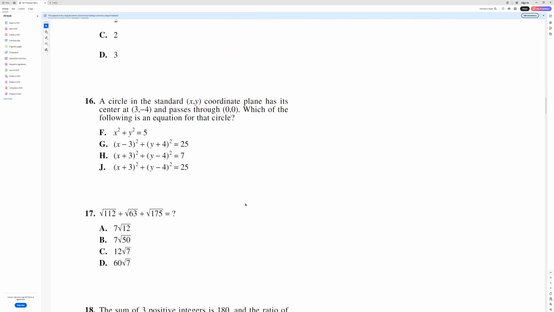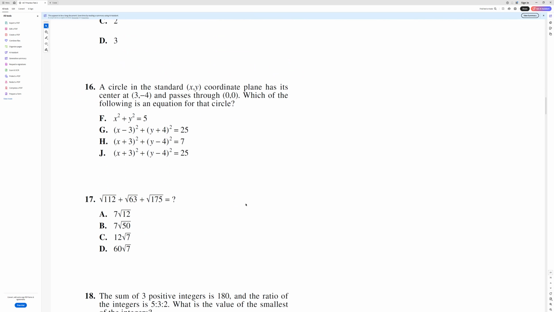All right, 16. Circles: if the center is 3, -4, the equation for the circle is going to be (x - 3) squared plus (y + 4) squared. So it's the opposite sign of what you have at the center. That is equal to the radius squared.